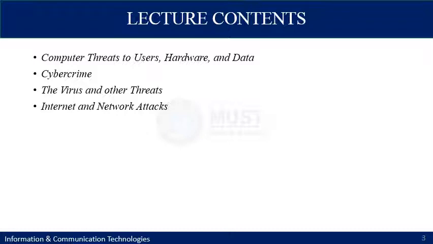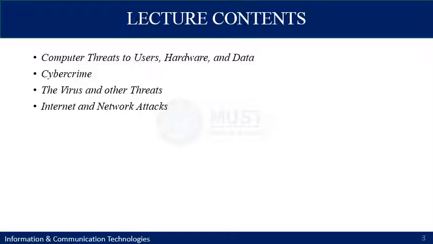These threats pose certain dangers to the users, hardware, and the data in computer systems. The special branch which deals with computer network security is often termed cyber crimes. These are the crimes which are executed using computer technology.